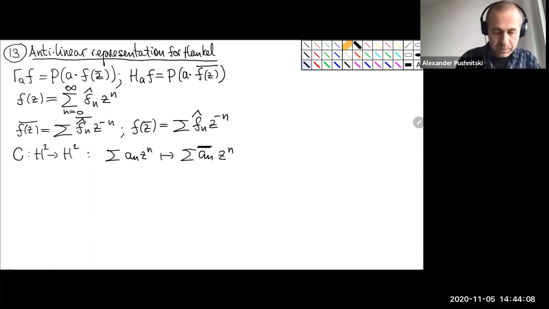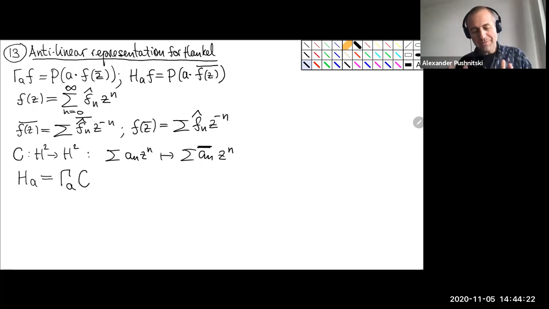Then, with respect to this, I can write that my Hankel operator is a Hankel operator. So it's an antilinear involution followed by the Hankel operator. Okay, that's the thing. So that's the only difference.